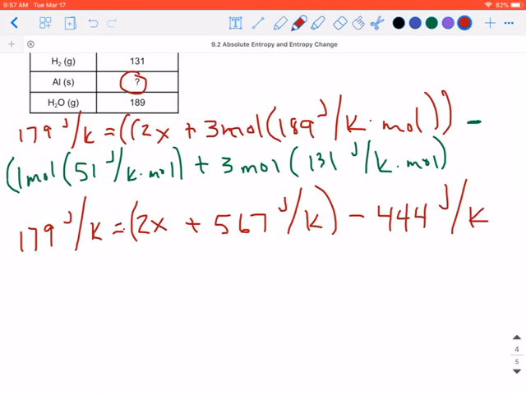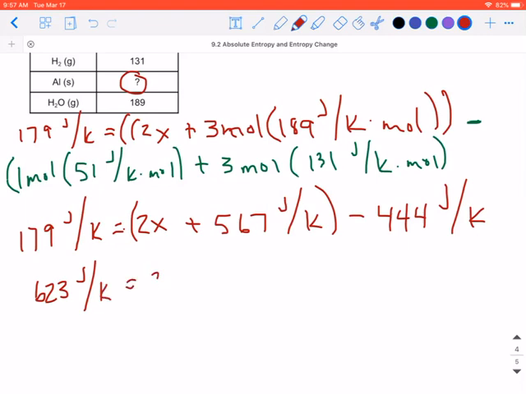Okay, so now I can add over the 444 to get a value of 623 joules per Kelvin.